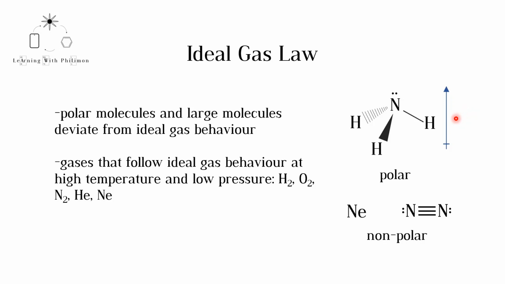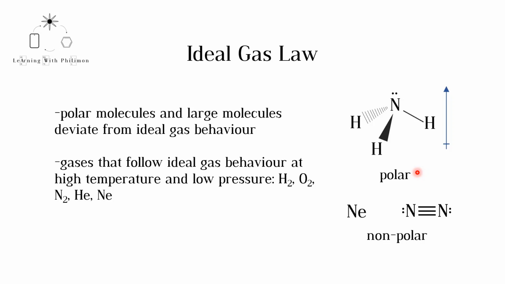Because of this permanent dipole, there will be a strong intermolecular force between the molecules. The assumption that the intermolecular forces are not significant cannot apply. Ammonia, NH3, is an example of a polar molecule that would deviate from ideal gas behavior even at high temperature and low pressure. Larger molecules also deviate from ideal gas behavior as the volume cannot be ignored.